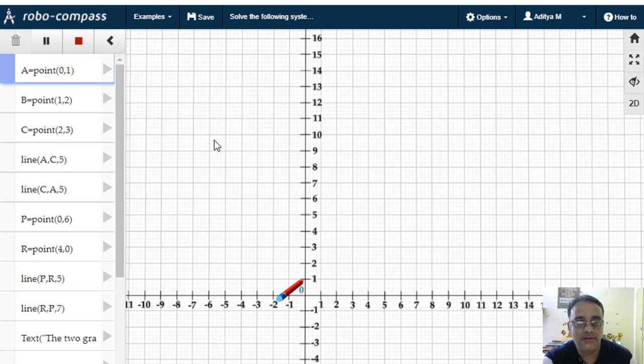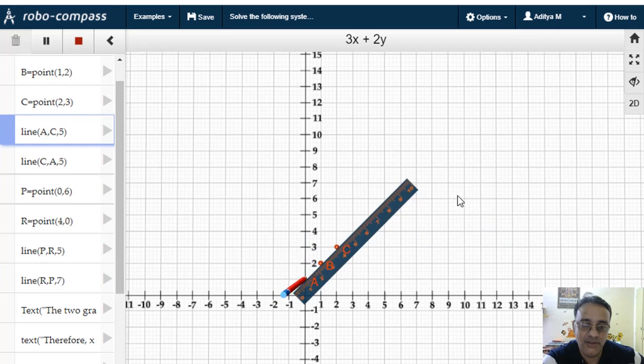Okay. So first we are going to plot 0, 1 A. उसके बाद 1, 2 है B. Then 2, 3 C. Now we will draw one line which passes through this A, B, C.